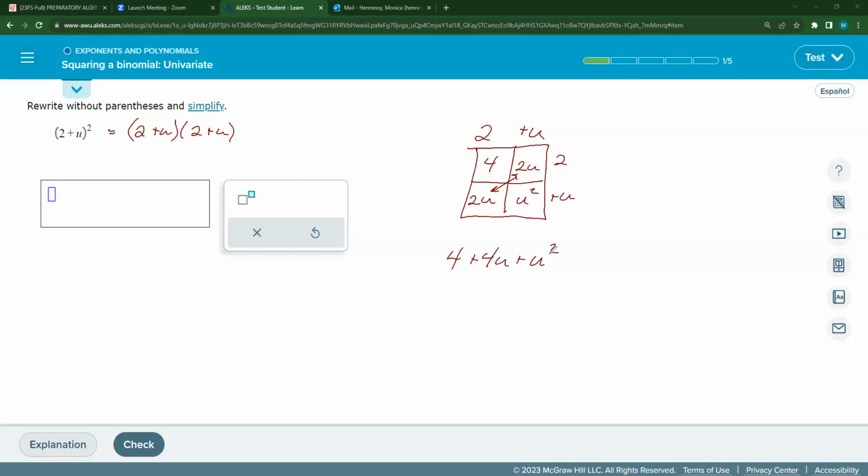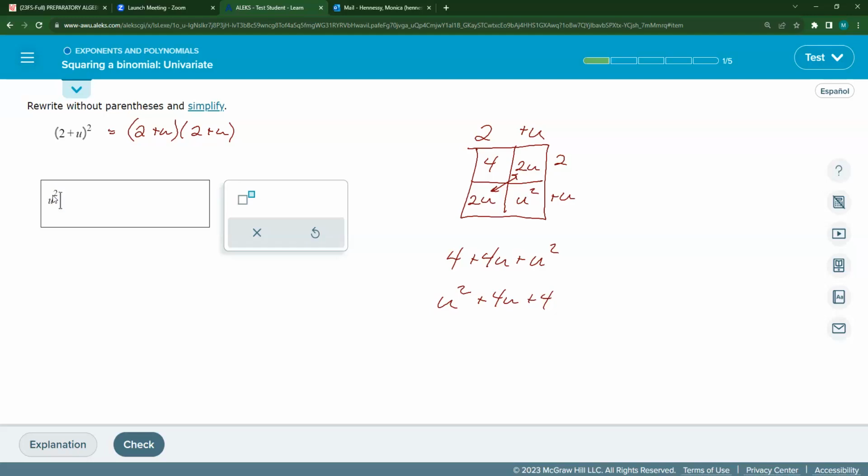Now, traditionally I like to write it in standard form where the exponents are counting down. And you can do that. You can rewrite them so that you have your u squared first. As long as you keep your signs attached to whatever follows them, you are good to go with that. And that is what I'm going to type in instead, because it just looks more correct to me because I've been doing a lot of these.